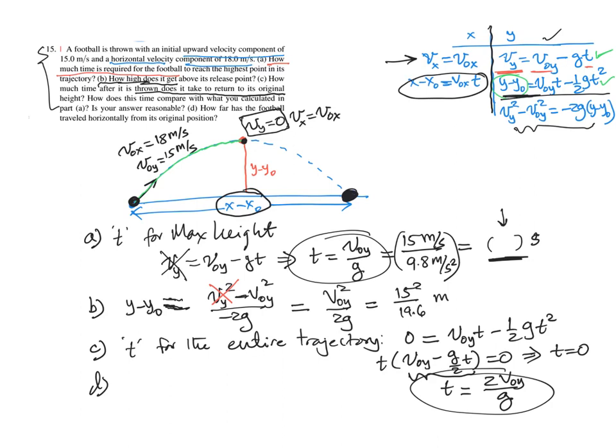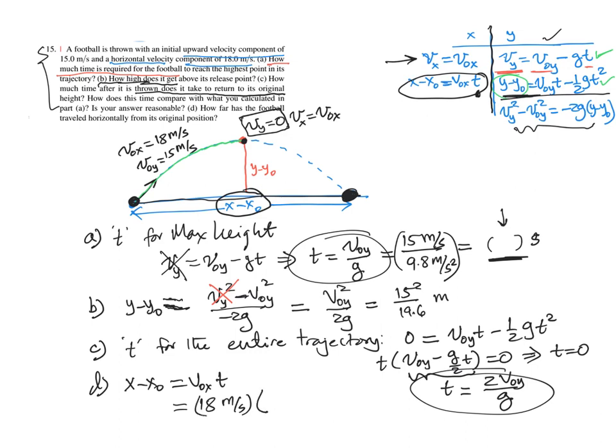If we use the time of flight, the total time to go from here to there, then you can calculate x minus x0. So x minus x0 is equal to v0x times t, where v0x is 18 meters per second, times t.